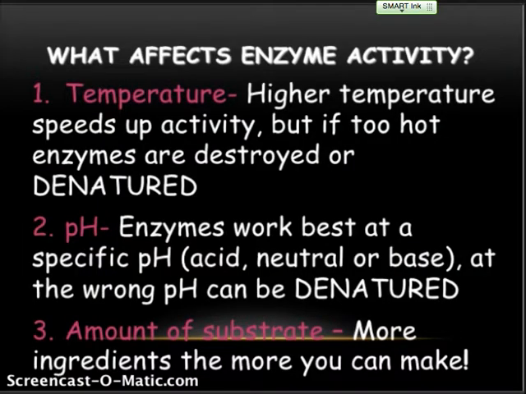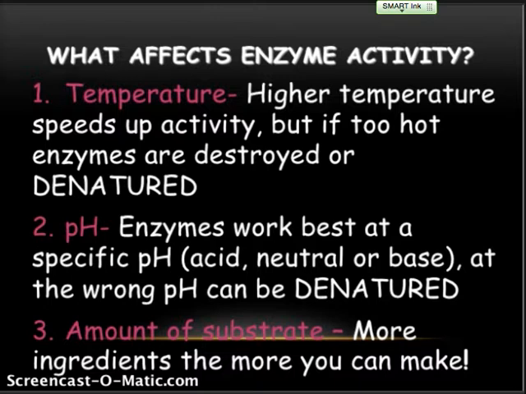What are some factors that affect enzyme activity? Well, temperature is number one. A high temperature can speed up enzyme activity, but if it's too hot, enzymes, being proteins, are easily destroyed or denatured. Similarly, with pH, enzymes work best at a specific pH, whether it be acidic, like in your stomach, neutral, like in your blood, or basic, like in your intestines.